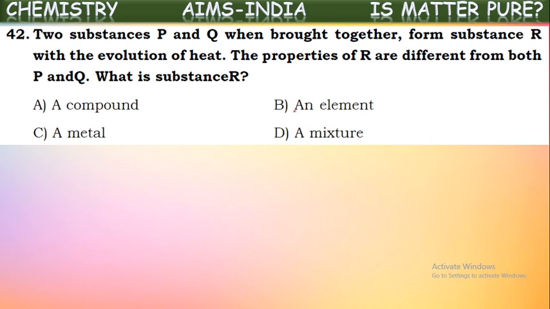For example, if you consider P as hydrogen and Q as oxygen, when these two combine, they form H2O. We know the properties of water are completely different from hydrogen and oxygen. That's the same they have mentioned here. So it is a compound. In the formation of compounds only, generally evolution or absorption of heat occurs. In the formation of mixtures generally it won't happen. Okay, the substance R formed will be a compound.